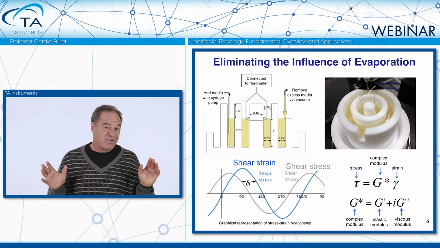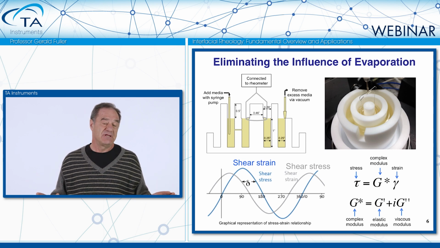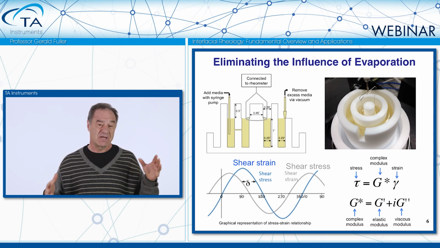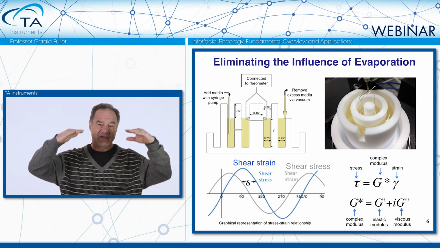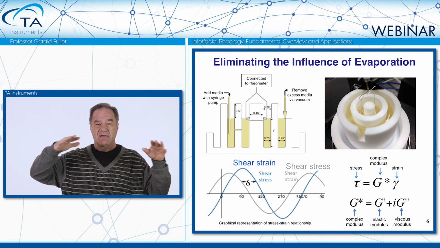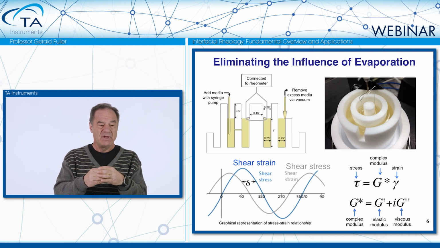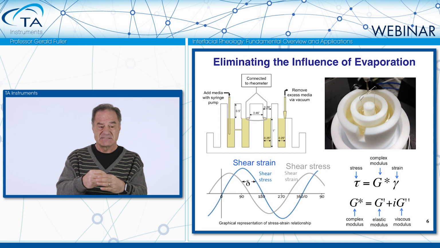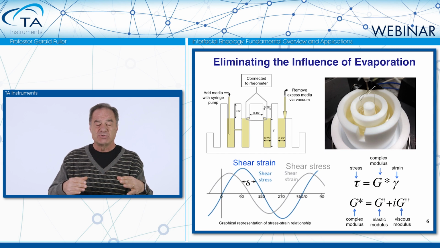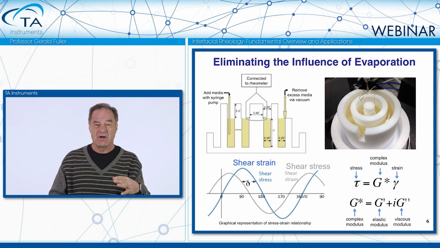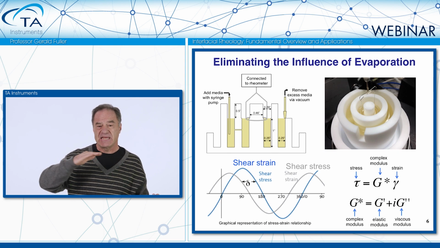Now, biofilms take forever to grow, and so we needed to modify that double wall ring cup so that we could keep the level constant in spite of evaporation. And we did that by not only having one inner region where the ring sits, but an outer one, which we continually fed with broth, and we simply used Archimedes' principle to keep that level constant.